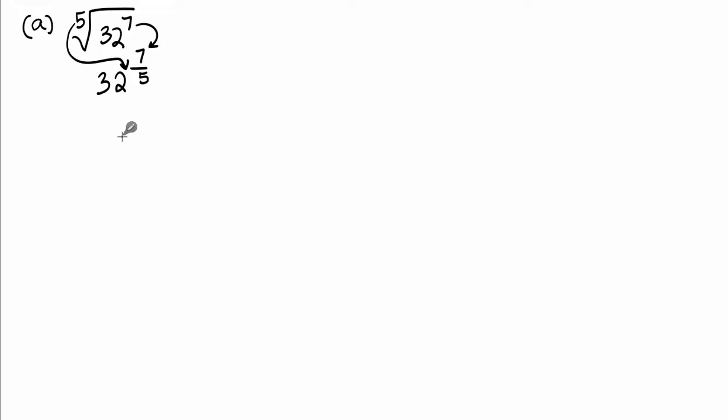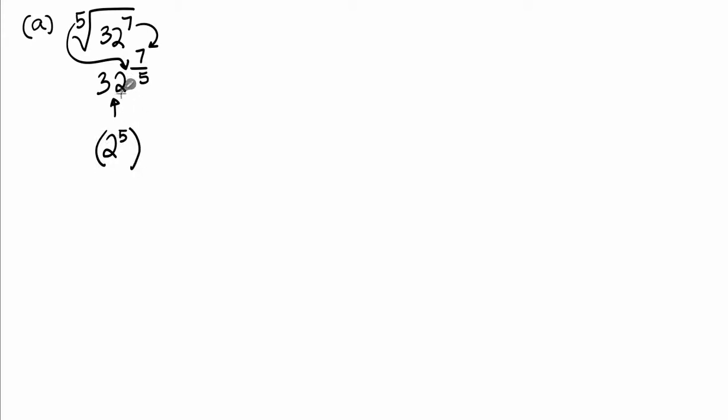Now always have the powers table accessible so that you can look up numbers like 32, and if you look it up carefully you'll find that 32 is 2 raised to the 5th.